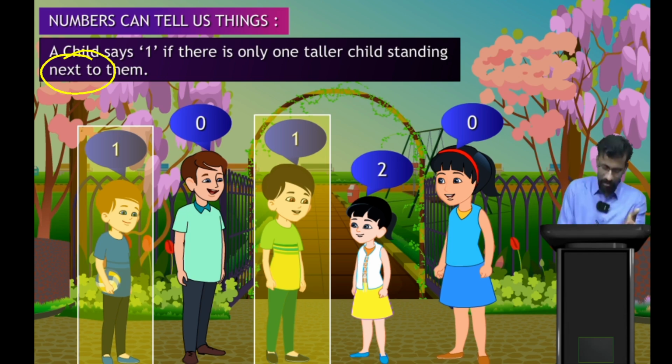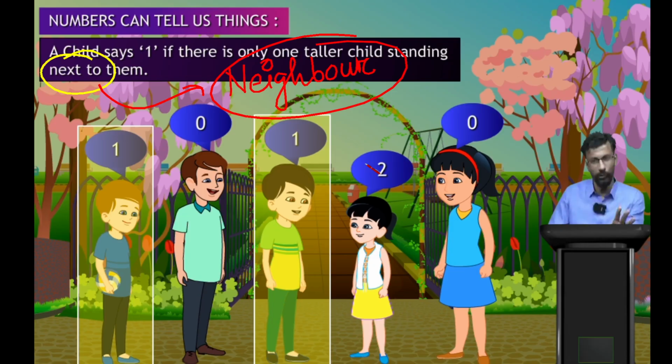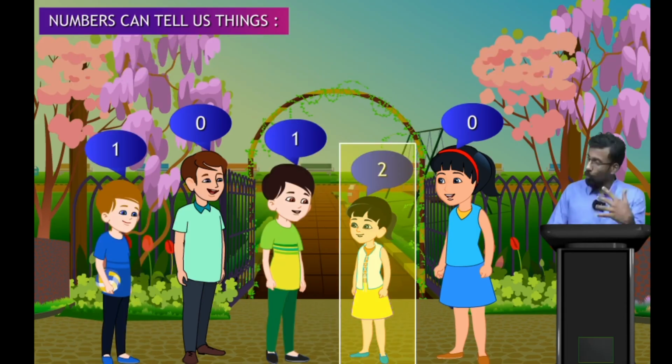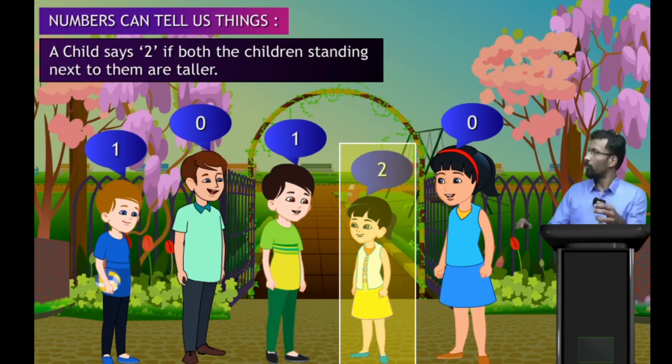Whenever a child says 2, both the children standing next to them are taller than him or her.